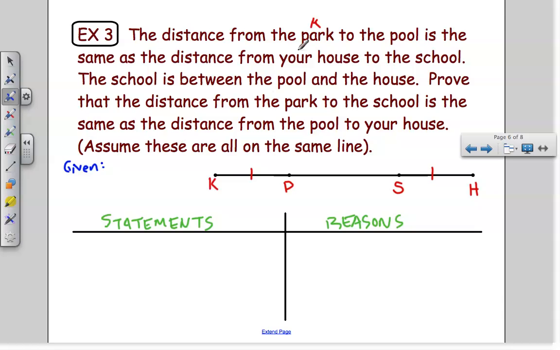Now I was given that park to pool, which we called park K to pool, so KP, that distance, is the same as or equal to the house to the school. And I'm trying to prove that distance from the park to the school, which would be KS, right? Park to school is the same as the distance from the pool to your house. Pool to house.